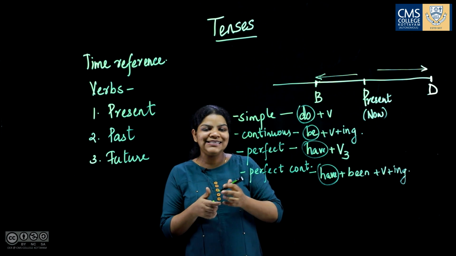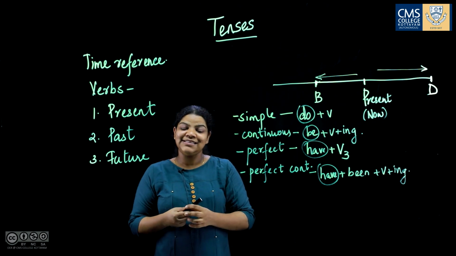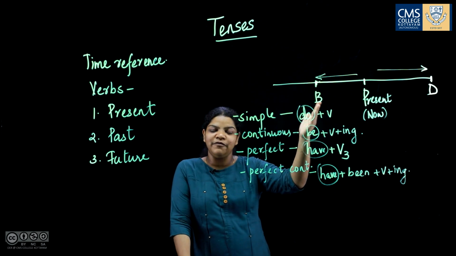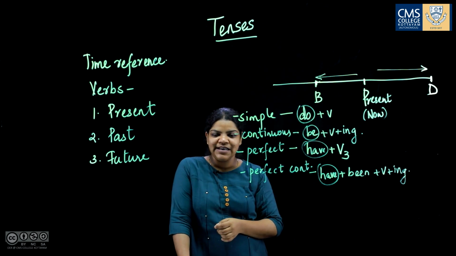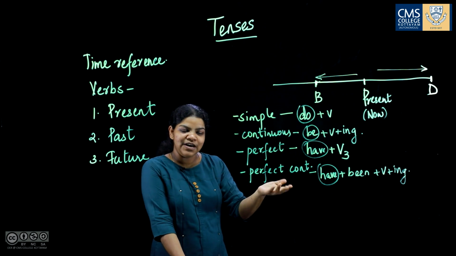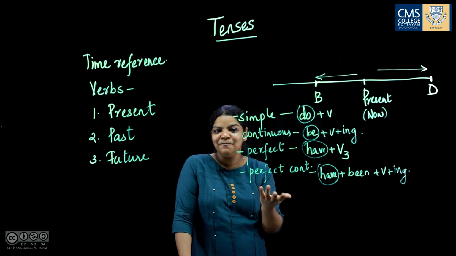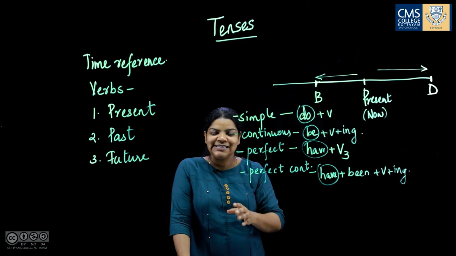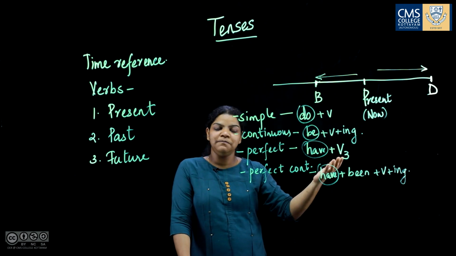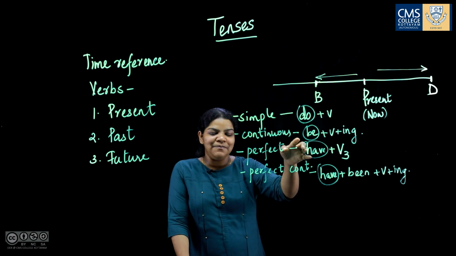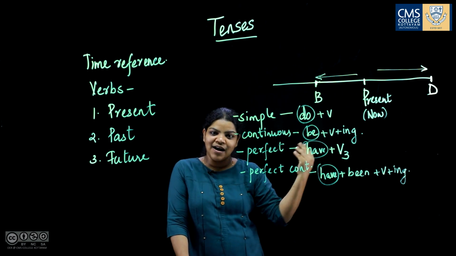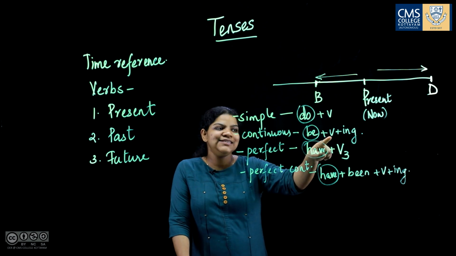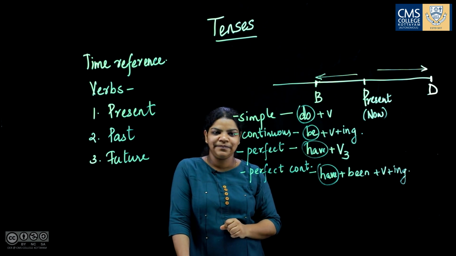So if you remember this equation, tenses are going to be easy. So simple form would be a form of do plus the verb. So it can be do plus verb or does plus verb or did plus verb when it comes to past tense. The continuous form is any form of be plus verb plus ing. So it can be is, am or are in the present tense, or was or were in the past tense plus the verb plus ing.